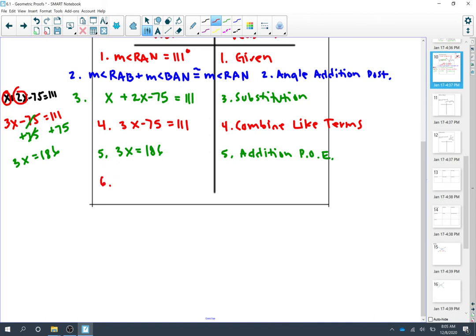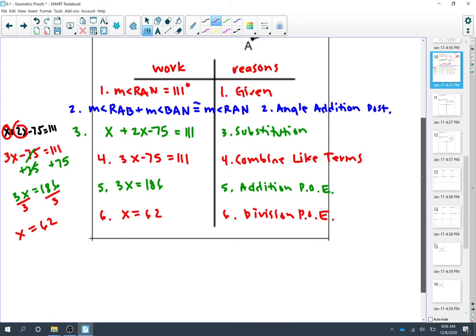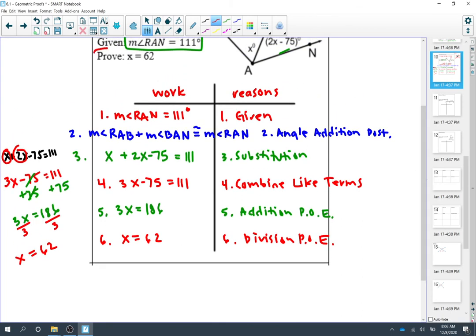Step 6, I'm going to divide by 3, which gets me 62. Okay, so if I go back, I divided by 3, so that's the division property of equality. And my variable has been solved for, so I go back and check. Prove that x equals 62. We did that, so we're done.